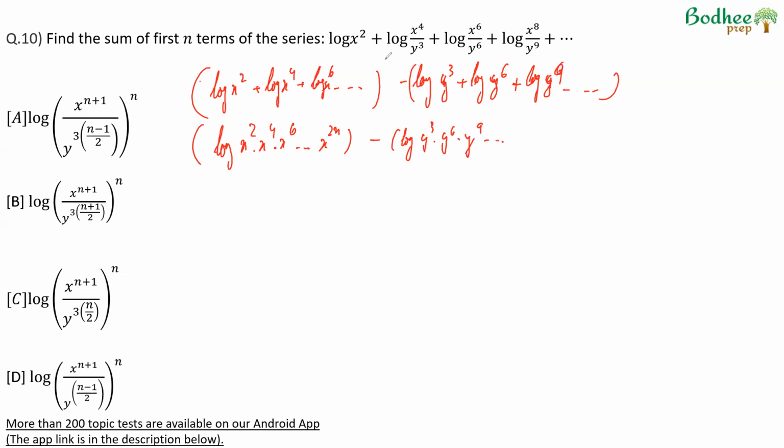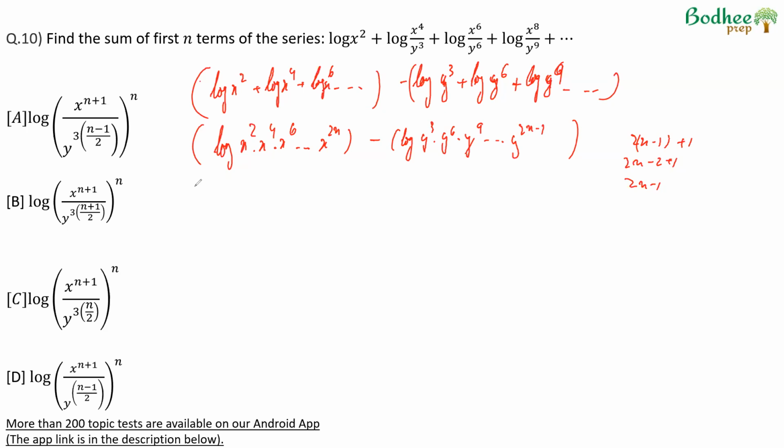The last term here will be, the number of terms will be n minus 1, because there is one less term than the terms of x. So the last term here will be 2 into 1 plus 1, so y raised to power 2 into n minus 1 plus 1, which will be 2n minus 2 plus 1, which is 2n minus 1.